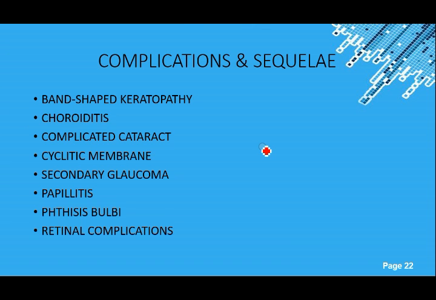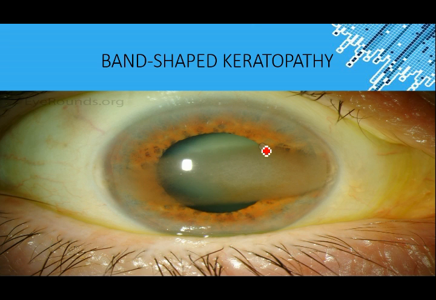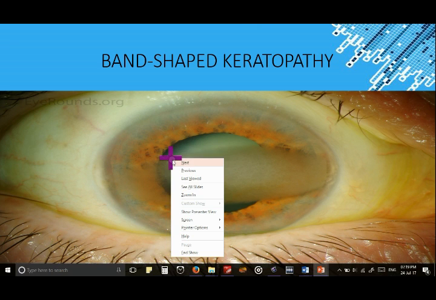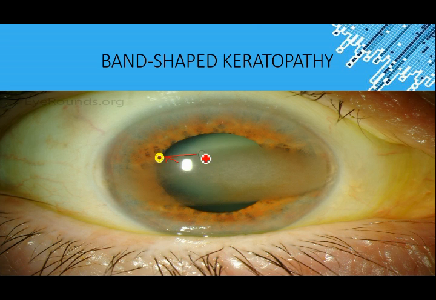The first complication is band-shaped keratopathy, a pathology of the cornea. There's this band on the cornea. It's a complication of the inflammatory process.